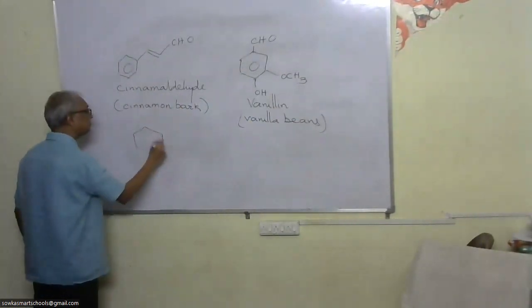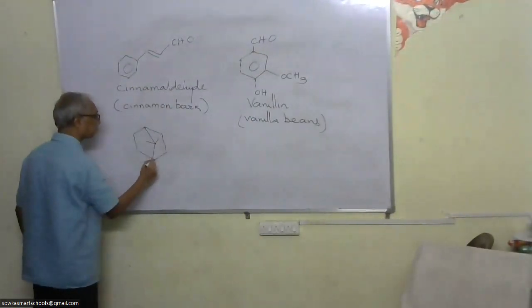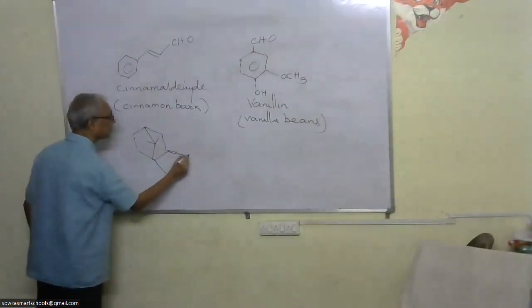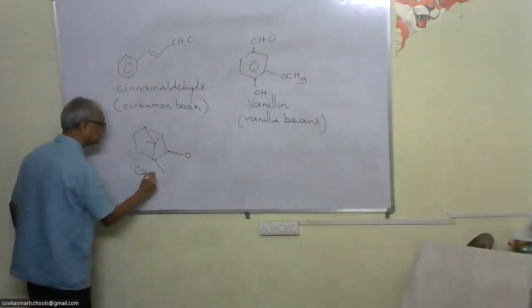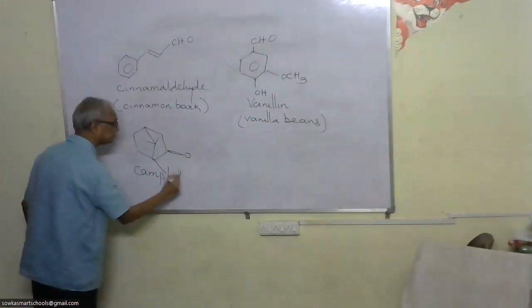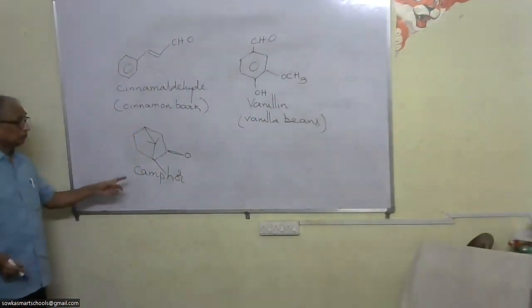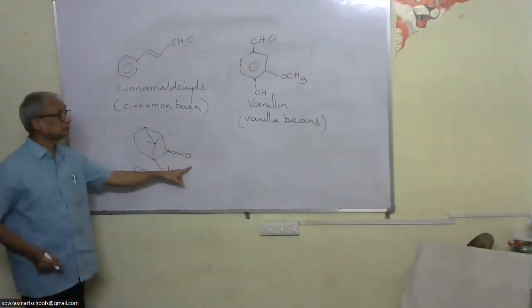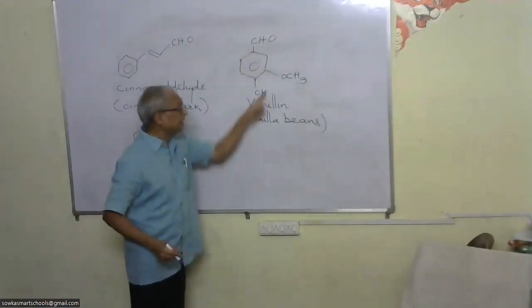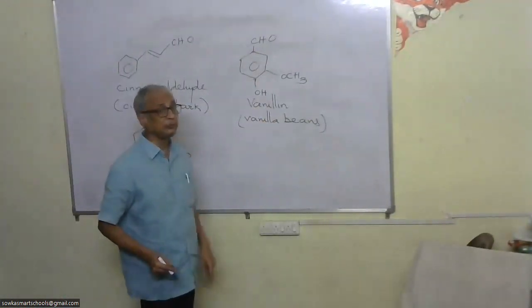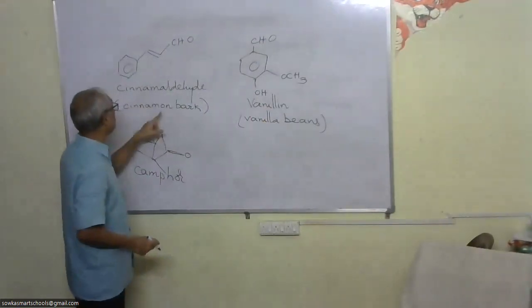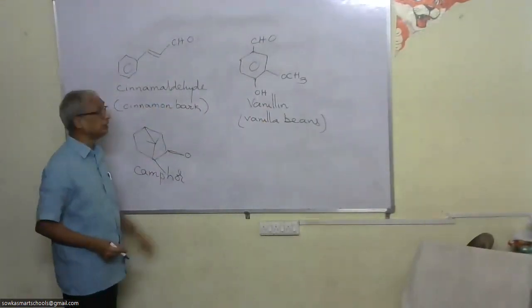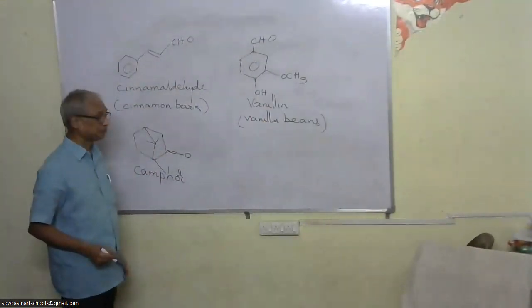And this is known as camphor. You all know about camphor. So the camphor is a ketone. And this is an aldehyde, vanillin, that is found in vanilla beans. In cinnamon bark, we find cinnamaldehyde, and that is its structure.